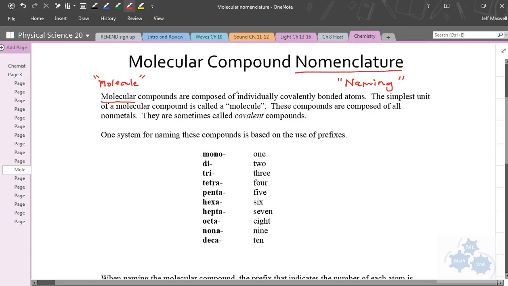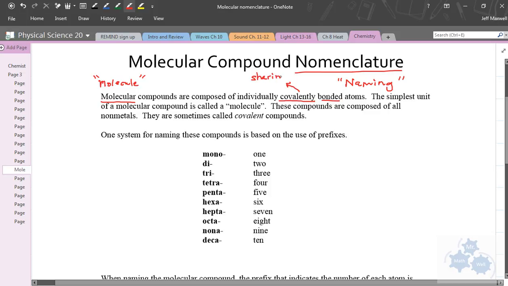Molecular compounds, it's not because of the drastically different charges of the particles. Instead, they share, or the word is covalent. So they covalently bond. Covalent means sharing of electrons.